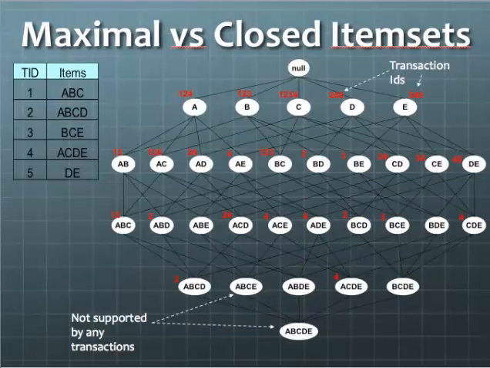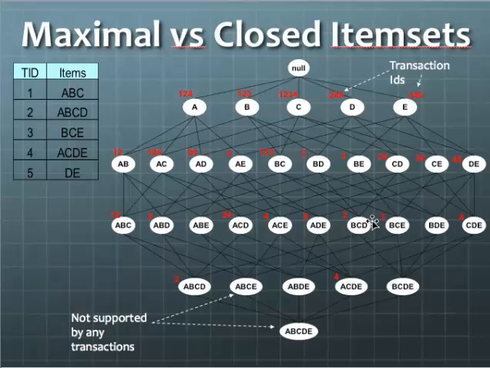And this figure also shows an example of the closed item set. To better illustrate the support count of each item set, we have associated each node, or each item set, in the lattice with a list of its corresponding transaction IDs.